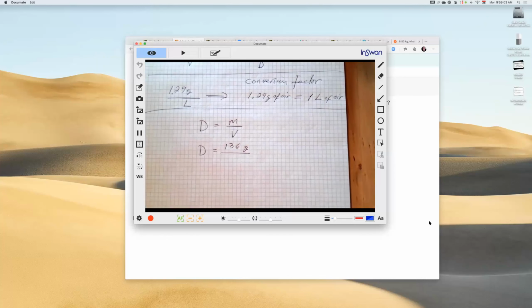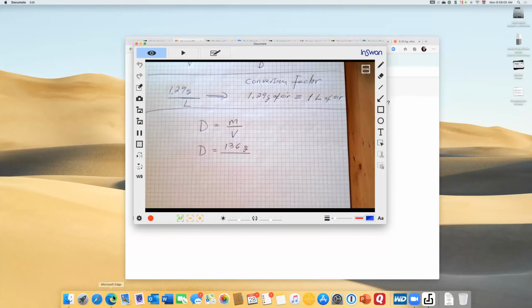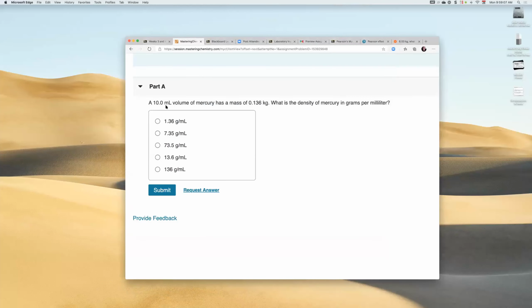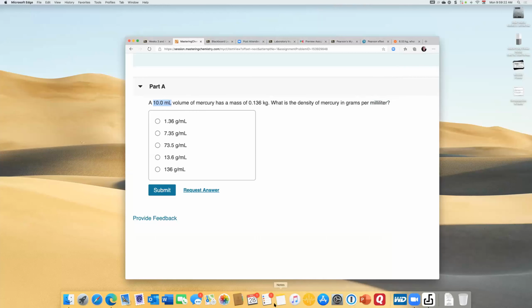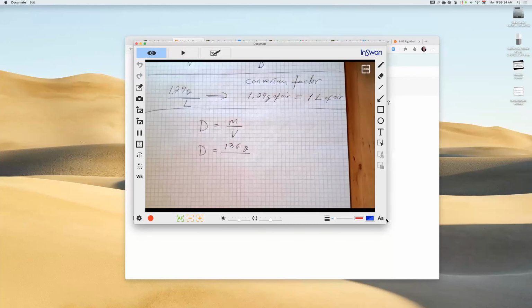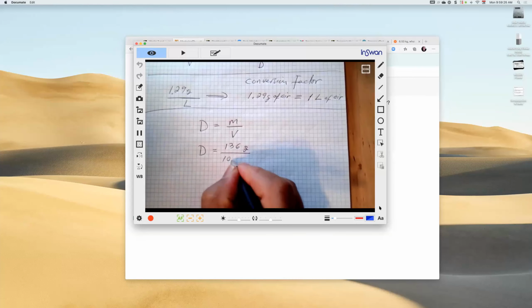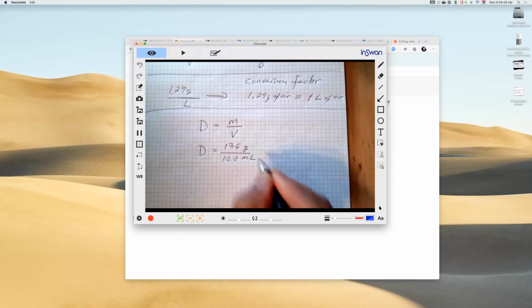And then I look at the volume given in the problem, and the volume is 10 milliliters. So that is already in the units that they want, grams per milliliter. So I'm going to put that volume at the bottom of the formula: 10.0 milliliters.